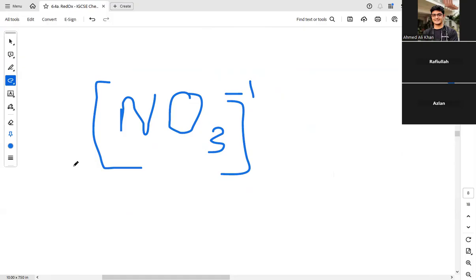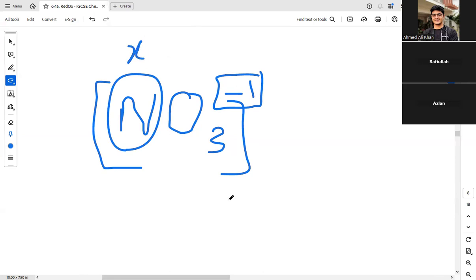So according to that rule, if you have an ion, the sum of oxidation states of the atoms which form that ion should equal the overall charge, right? So what if you were asked to calculate the oxidation state of nitrogen in this ion? So if you assume the oxidation state of nitrogen as X, and you know that the charge on oxygen is -2, right?